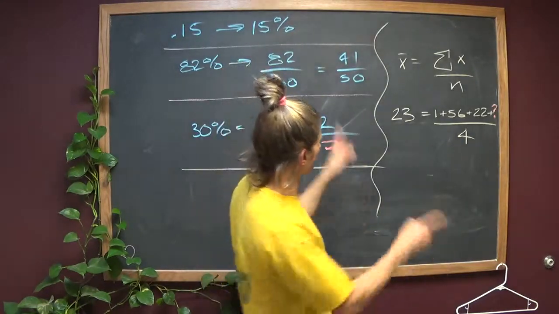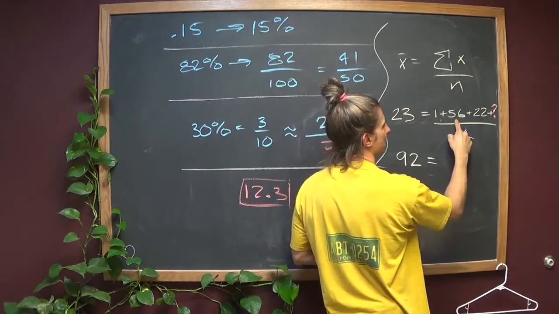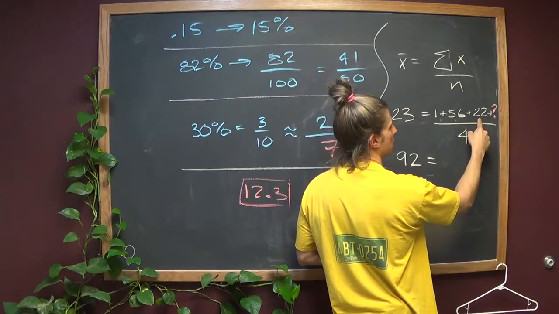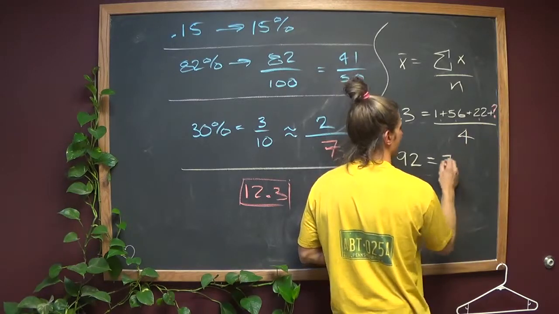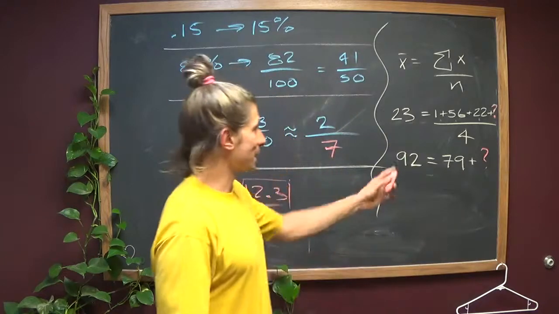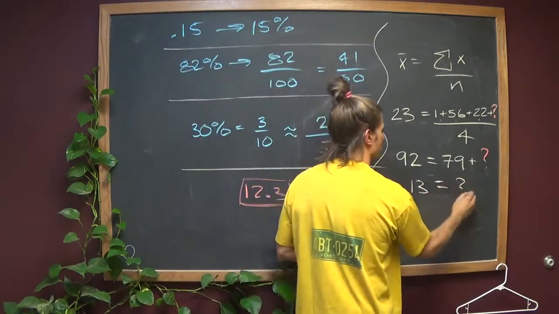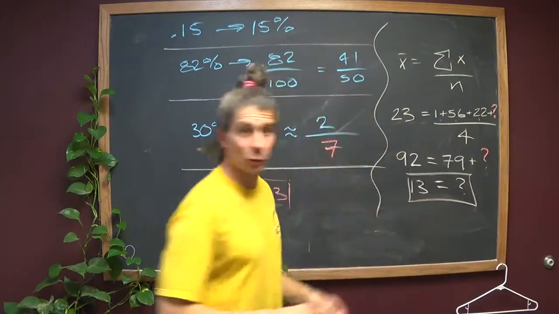Is that 92? Carry the 1. Yeah, 92. 1 plus 56 is 57. Plus 22 is 79 plus question mark. Subtracting 79 from 92 is going to give us 13, and that must be what the last data value is.